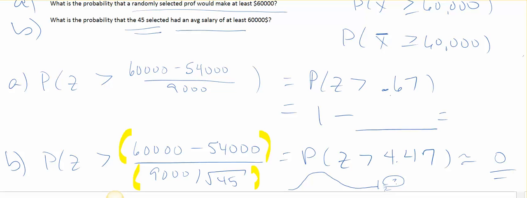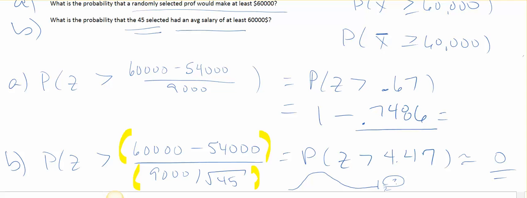Okay, but for the 0.67, we would go to our table, look up a z-score of 0.67, and then subtract it from 1. What did you get? I'm still looking at mine. Just kidding. You should get something roughly 0.7486, I think.